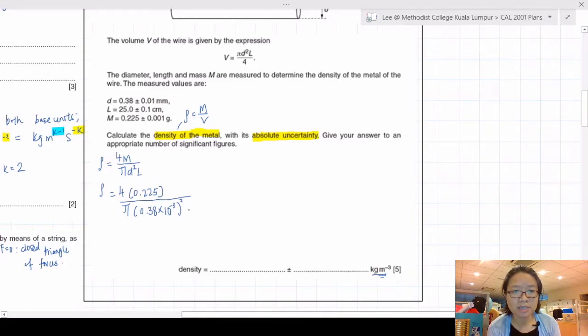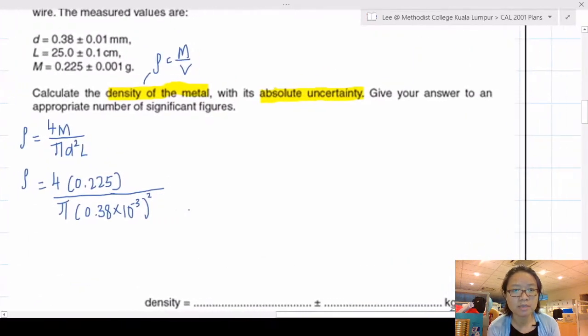So the diameter D, mm should convert to meter. Okay. So negative 3 and then 25 cm converted to meter negative 2. Okay. Don't forget the 0.225 gram as well. That should be converted to kilograms.